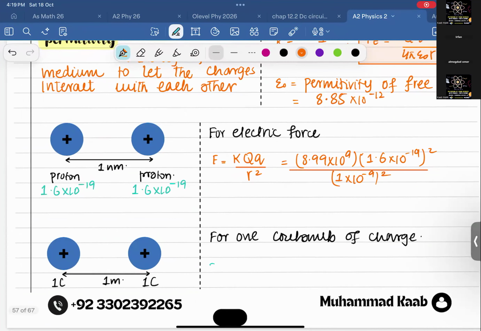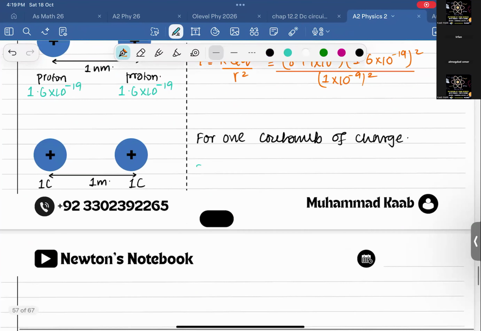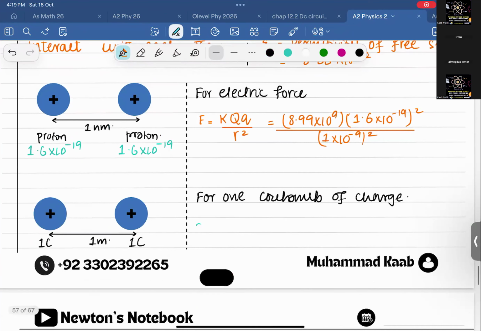Yes, the answer is 2.3 into 10 to the power minus 10. So you are saying the answer is 2.3 exponent negative 10, right? And this is in Newtons, and this is force.